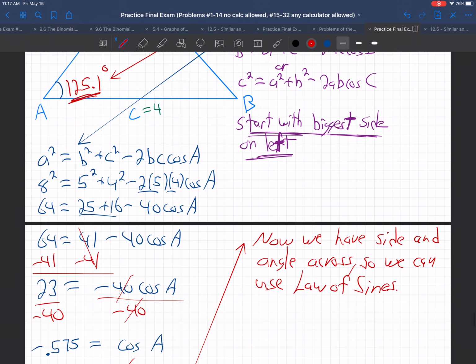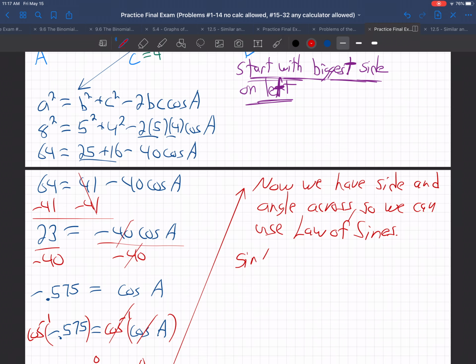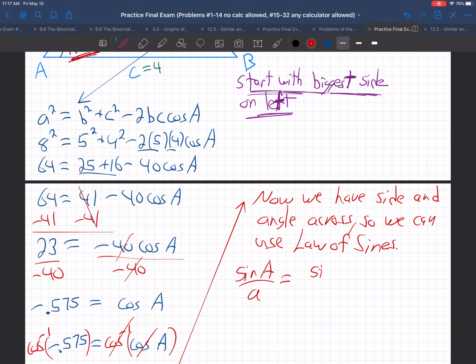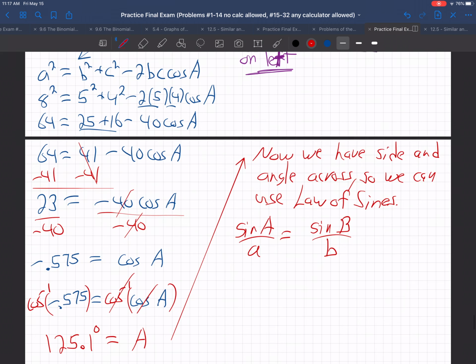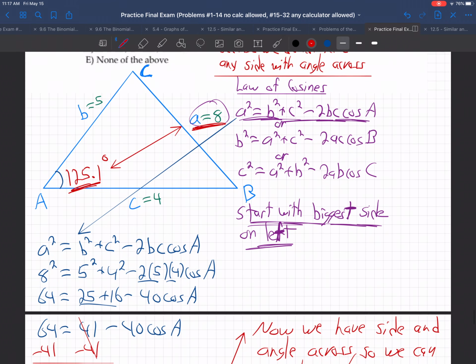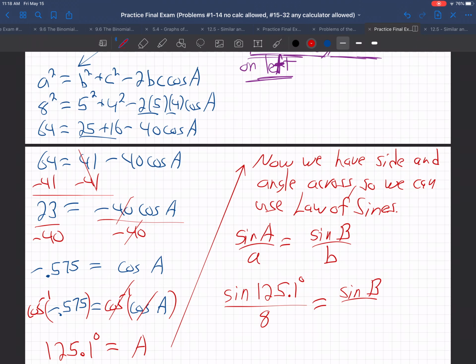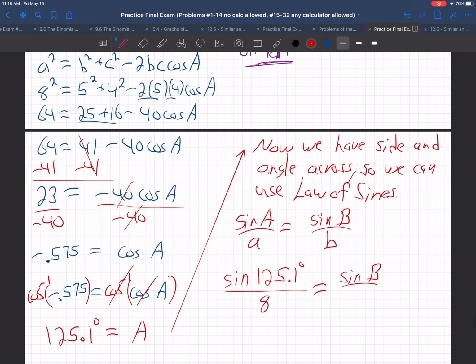So I'm going to use the A with the A. So I'm going to say sine of A over little a, and then I'll go for B or C, it doesn't matter. I'll just do B. Sine B over little b. So sine of 125.1 degrees over little a, what was little a? 8, equals sine of B, I don't know B, over little b, 5.